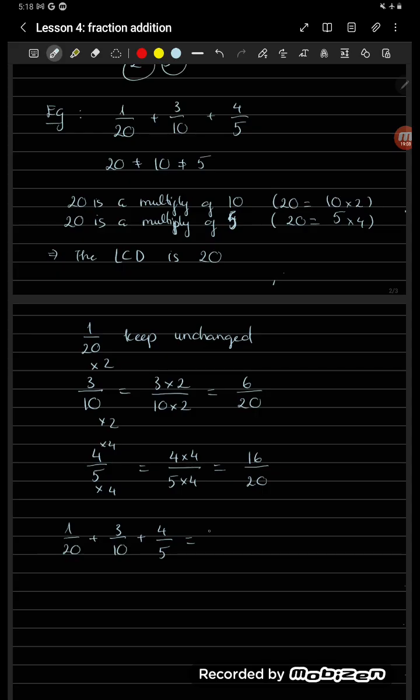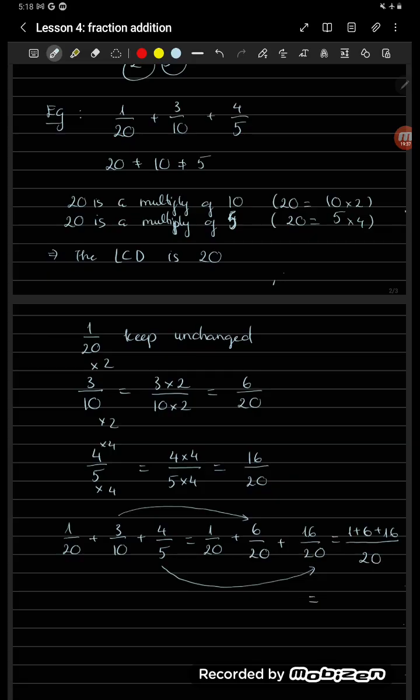So now it is equal to 1 over 20 plus 6 over 20, which comes from the fraction 3 over 10, and then plus 16 over 20, which comes from the fraction 4 over 5. We just add all the top parts together, and we keep the bottom part unchanged, just 20.